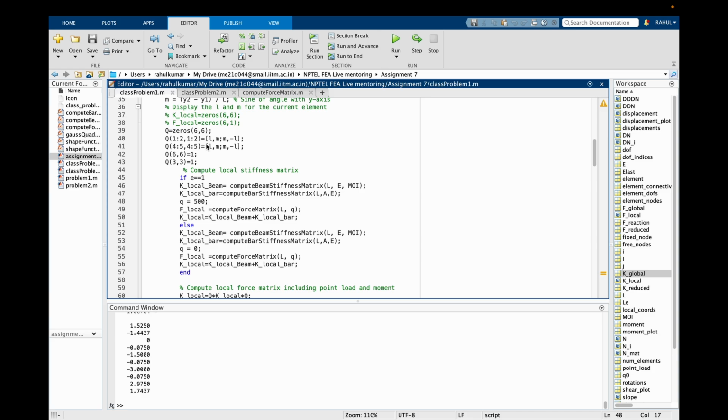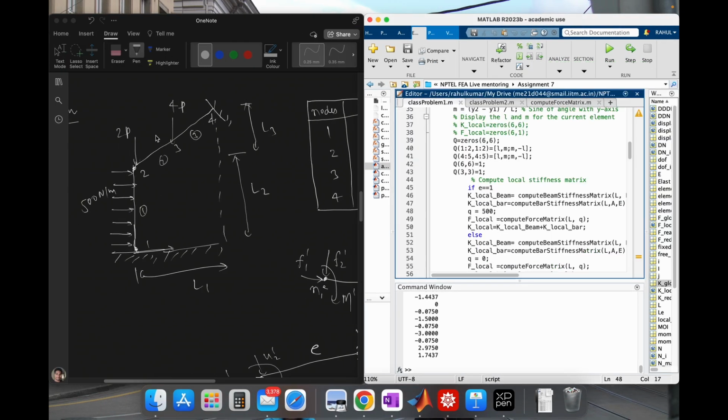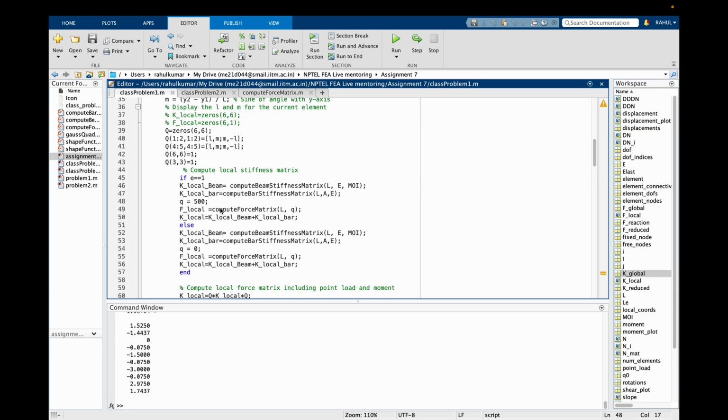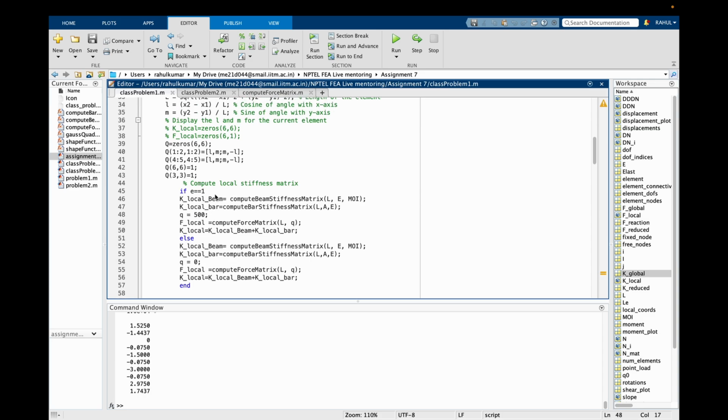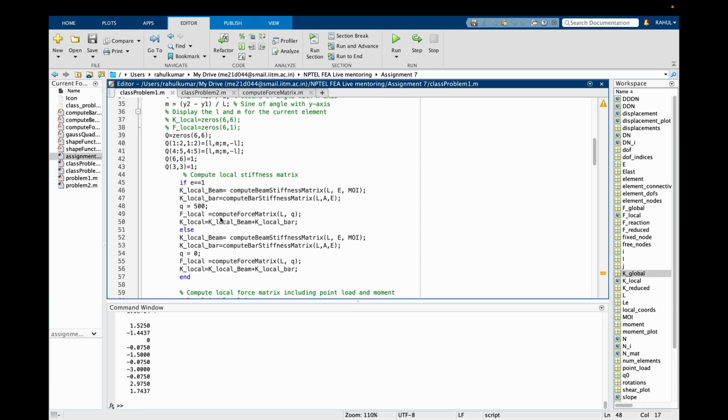We can see that the uniformly distributed load is only acting on element 1. So I have written an if condition: if E equal to 1, then we use Q equal to 500, else if it is not element 1, then we use Q equal to 0.